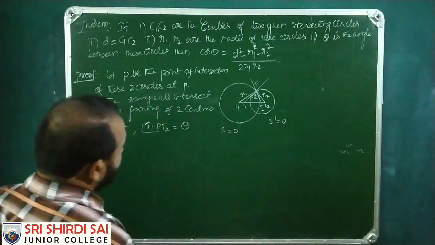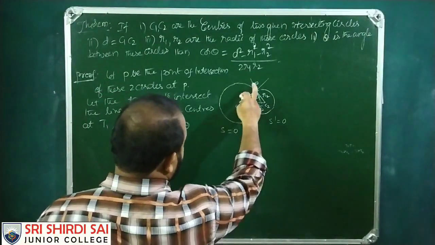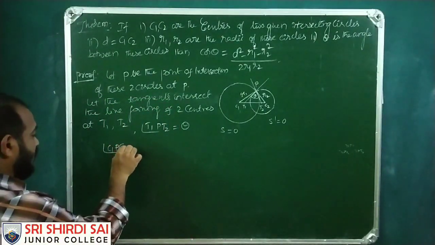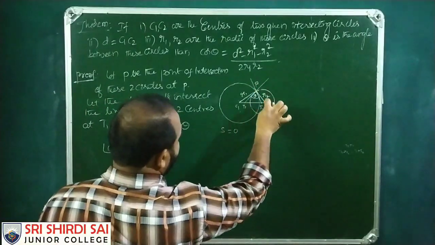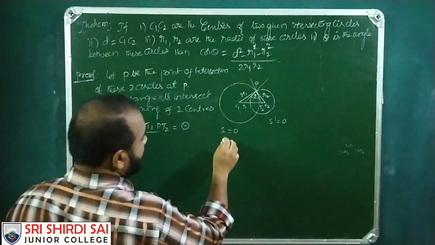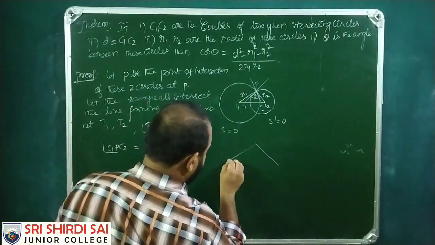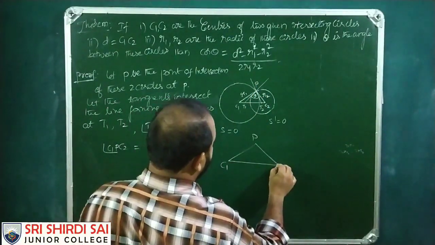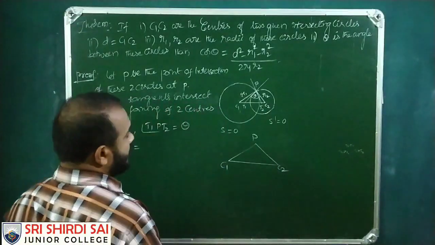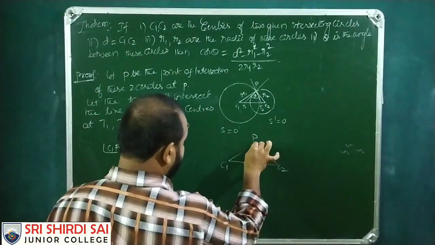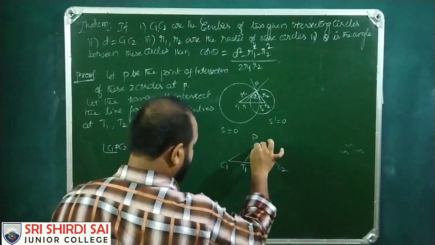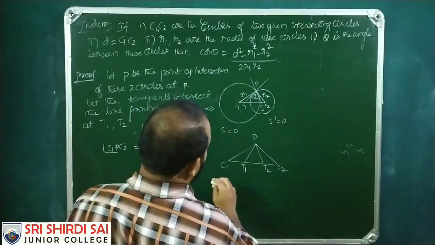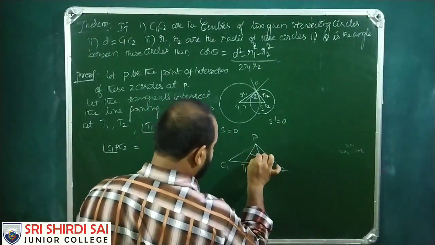Then total angle C1 P C2 is equal to, with C1, C2, and T1, T2 as shown, the angle between the tangents being theta.